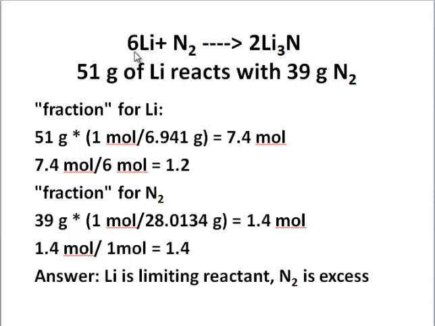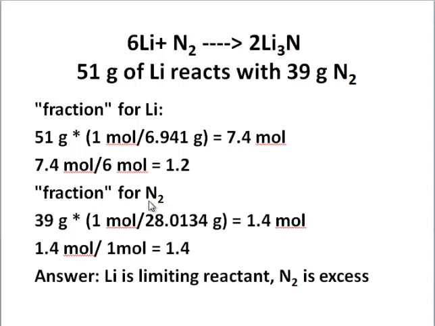Since I could read this equation as 6 moles of lithium react with 1 mole of nitrogen to make 2 moles of lithium nitride, I can assume that this 6 has units of moles for this fraction calculation. 7.4 moles over 6 moles cancels units of moles, and the fraction for lithium is 1.2. All right, make a note: 7.4 moles of lithium, fraction is 1.2.